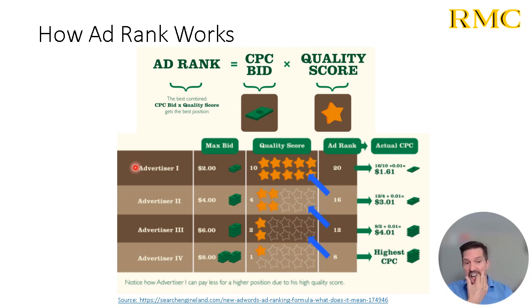Okay. And now what's going to matter for this is 2 things. One is the bid that you put on. This is in dollars. What is the maximum amount of money you're willing to pay for somebody to see your ad, right? That's 1. And 2, the quality score that I was alluding to in the previous slide, right? And this is going to range from 1 to 10. Okay. And your ad rank is basically the product of these 2.